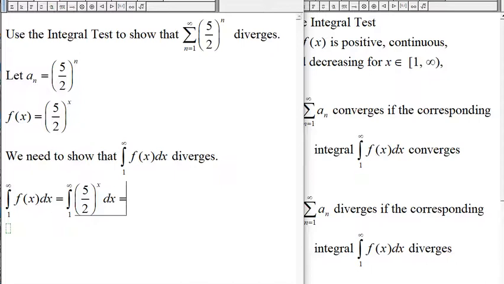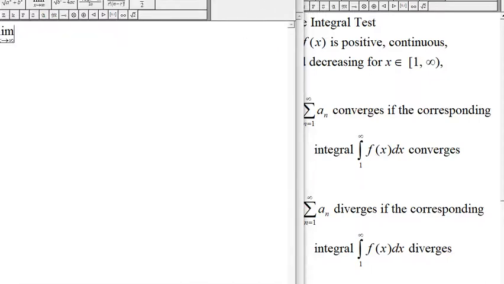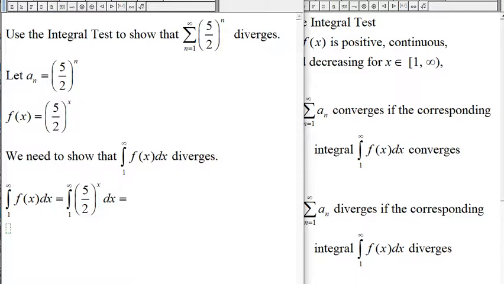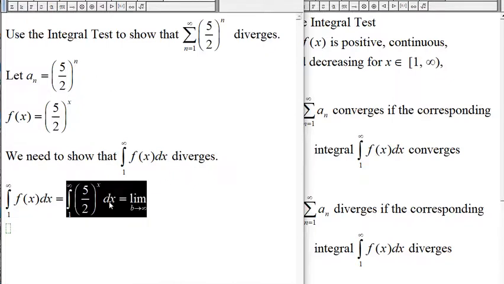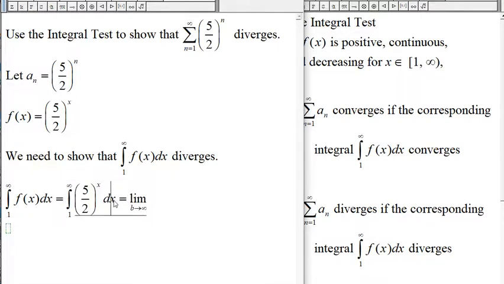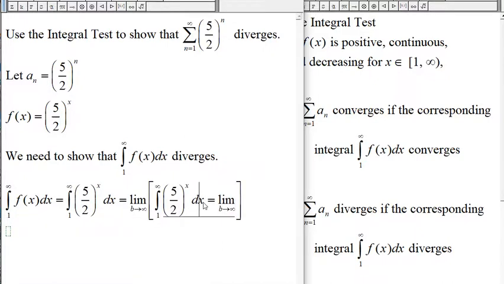And then using limit notation, we can rewrite this as the limit as b approaches infinity of the integral from 1 to b.